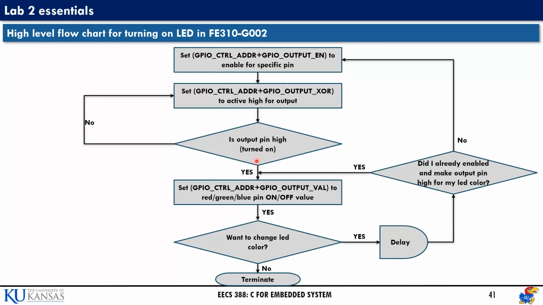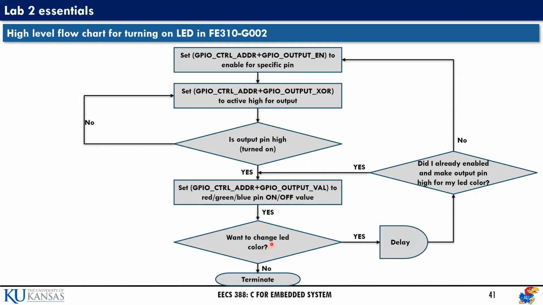Then if we are able to succeed on that, the output pin is high, then we have to set this register value, GPIO output val, to on or off value. If we want to write the on value on this register, GPIO output val, then we'll see we turn on the LED in this specific color.